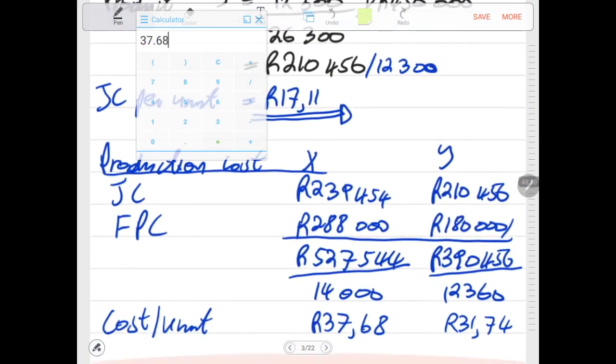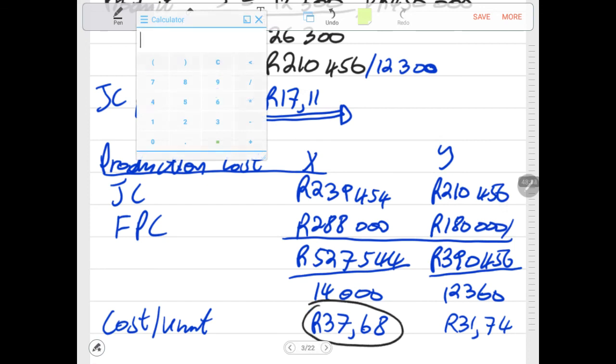Just see that we calculated our cost per unit. It was made of the joint cost per unit and further processing cost per unit. So now you could have done the same thing. Joint cost 17.11, further processing cost 20.57 for product X, 37.68. And also this one, we can do the same thing.